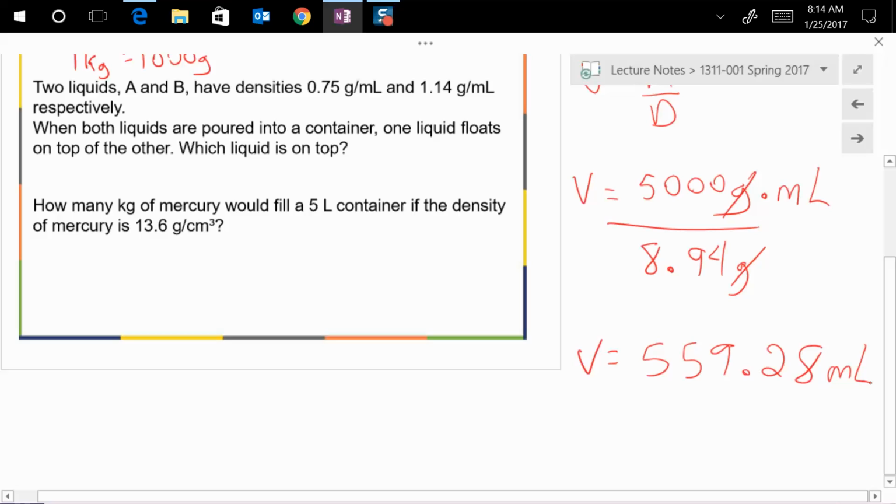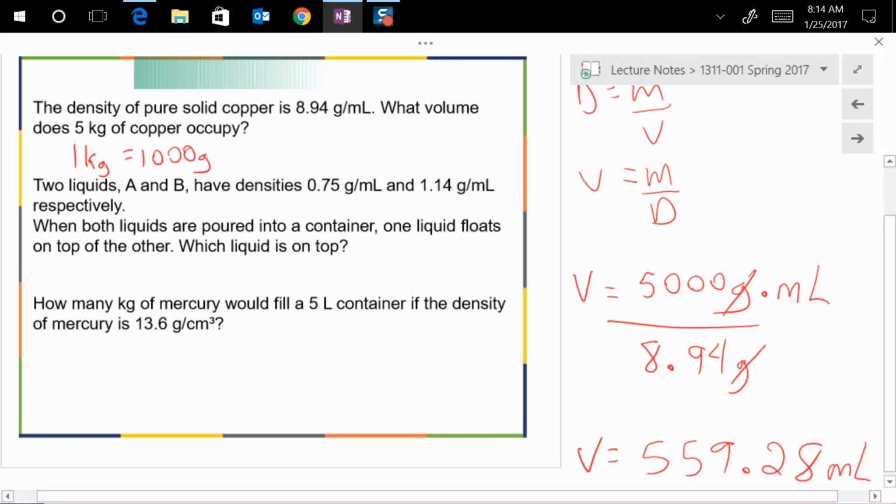Okay, so how many significant figures would you keep here? There's really just one significant figure there, right? So essentially we should just keep one, which is kind of ridiculous. But they should have given us more. If they said 5 kilograms, they should have said 5.00 or something like that.